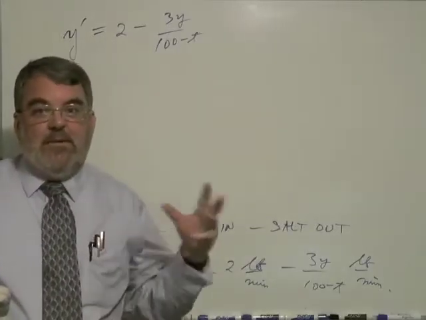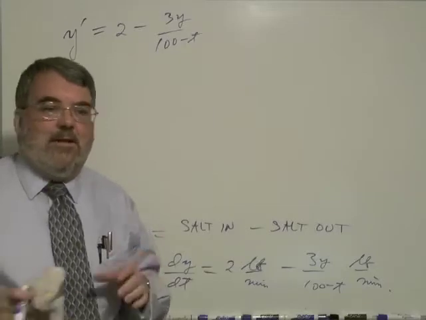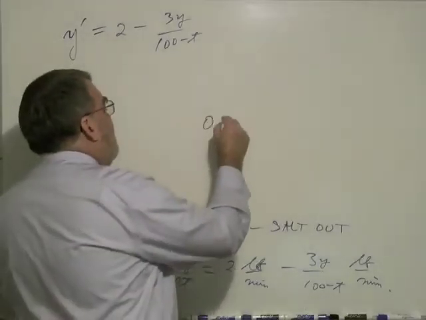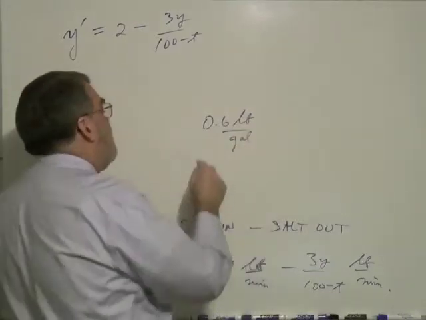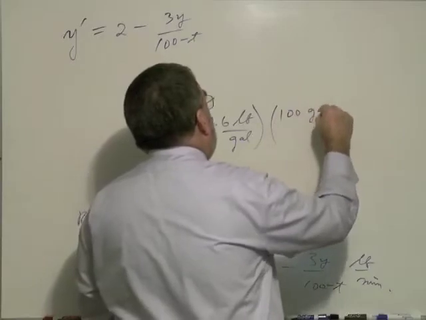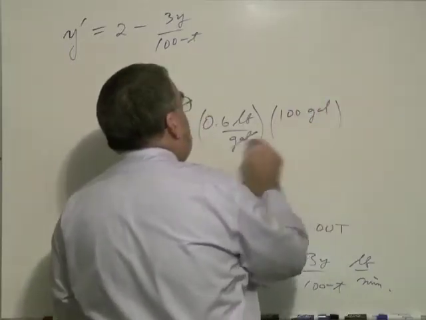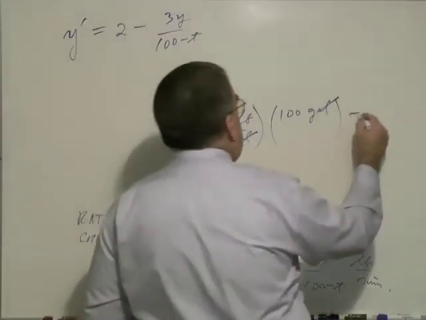Now, we also have an initial condition, don't we? The book says that initially we have 0.6 pounds per gallon concentration. And initially we also have 100 gallons. So the initial amount of salt is 60 pounds.